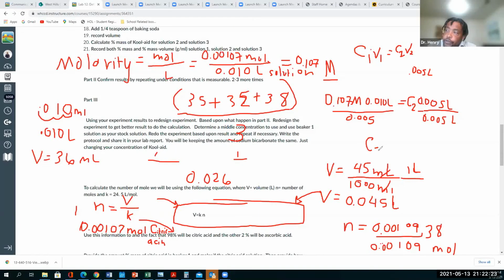So you're going to get C2 equals, in this case, 2 times, if you look at the numbers. So that would be 0.214 molar. This would be the concentration of your original solution.